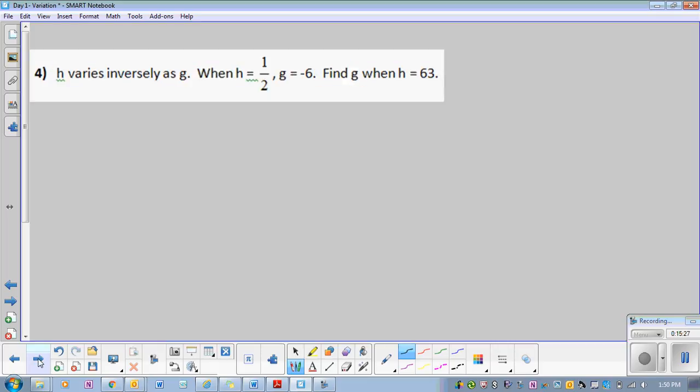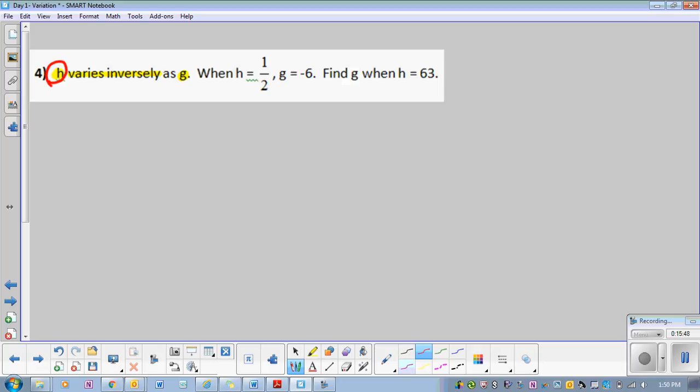So let's look at the next one. Good, you guys are doing a great job. All right, so the next one says, H varies inversely as G. Well, you have to go in the order here. H and G, that's what I have.